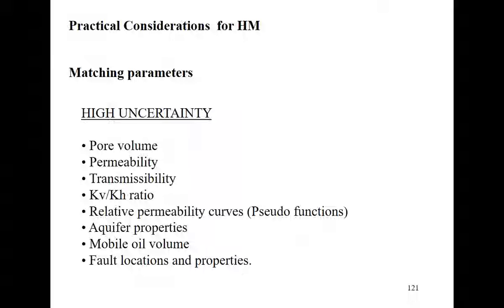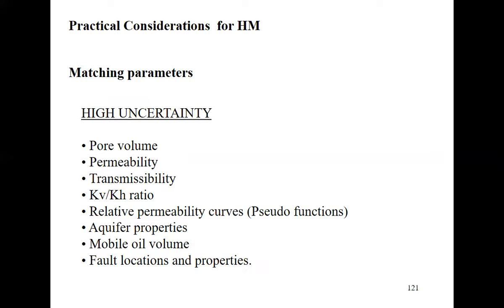This fault is mainly not found by seismic because there is a resolution limit. For example, if the throw is less than 30 meters, we cannot detect the fault. So by well testing, you can. Therefore, you have to do a long well test to see these faults, and then you will know the distance to that fault.